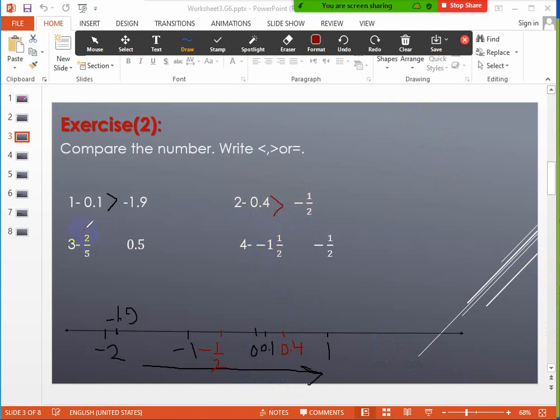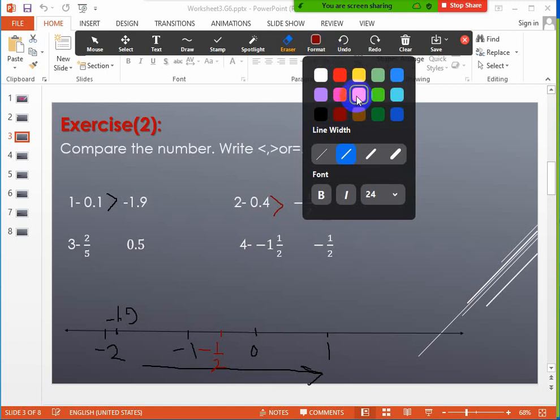Now, what about 2 over 5 and 0.5? Okay, thank you, Lina. Now I want to compare between those two numbers according to the number line. Okay, I will erase those because I think you drew those.